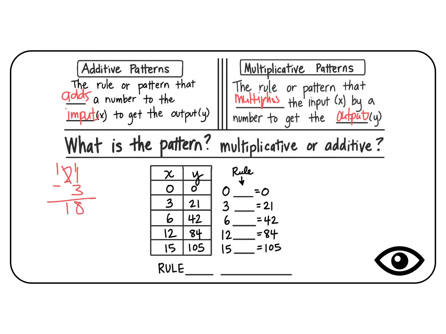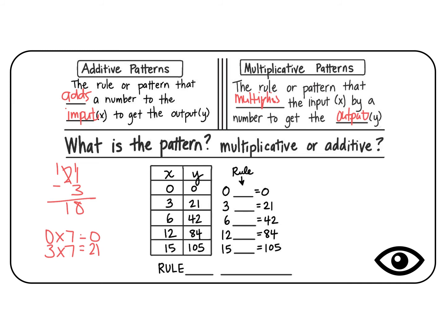That gives me 18, but from 6 to 42 isn't 18. But I do notice that on the y column, those numbers look like multiples of 7. So maybe my rule is 0 times 7, that gives me 0. 3 times 7, that gives me 21. Ooh, 6 times 7, that's 42.